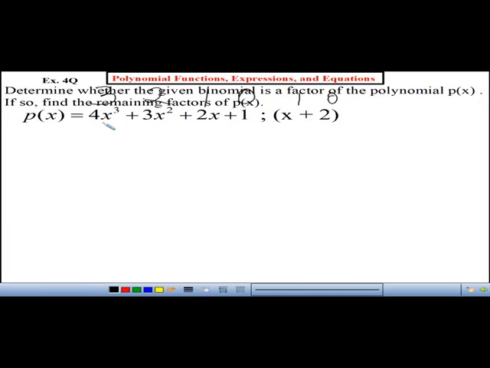So tell me what to write for my synthetic division. Go Rosa. What do I write? -2. Oh, wait. No, that's fine. That's fine. -2.